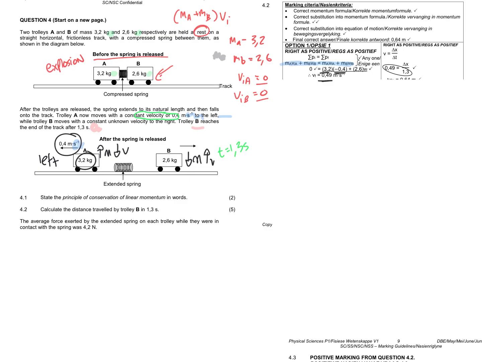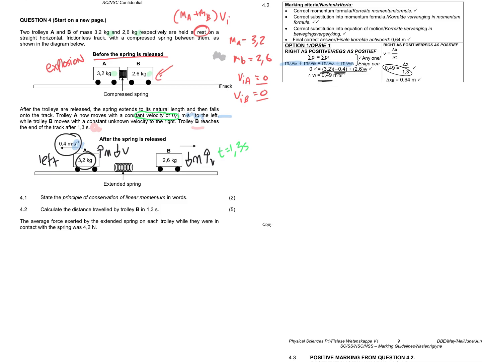It's not really an easy factor, but the difference between 3.2 and 2.6 is 0.6. So the ratios, if you can also do it with ratios. I wouldn't suggest it, but just the bigger mass trolley will move slower than the smaller one. So I got 0.49, and I'm happy with it being 0.49 because at least that makes sense.